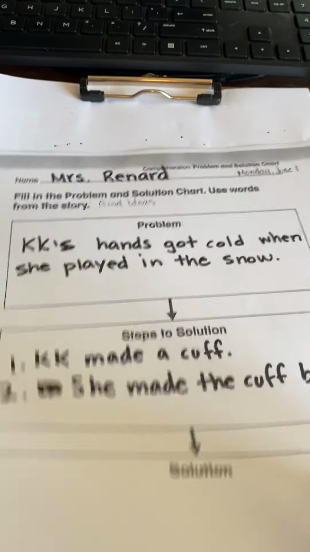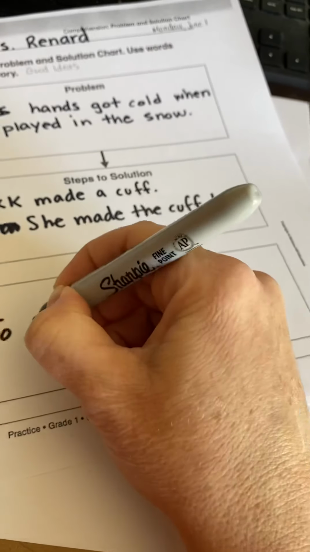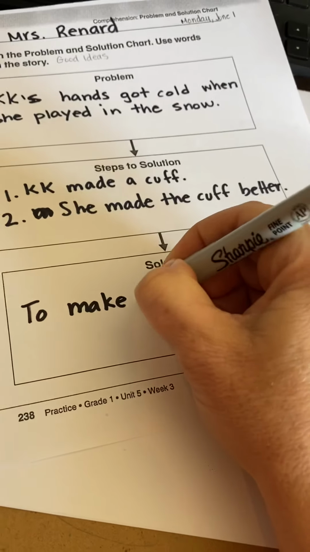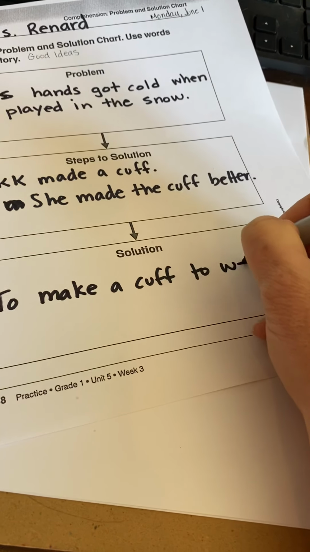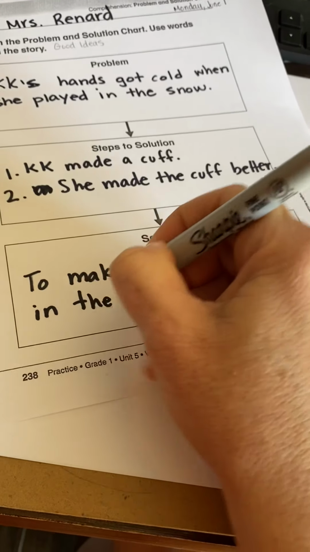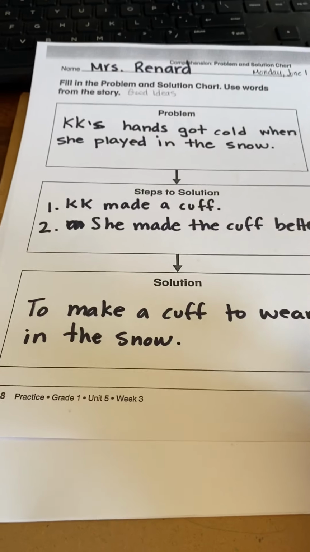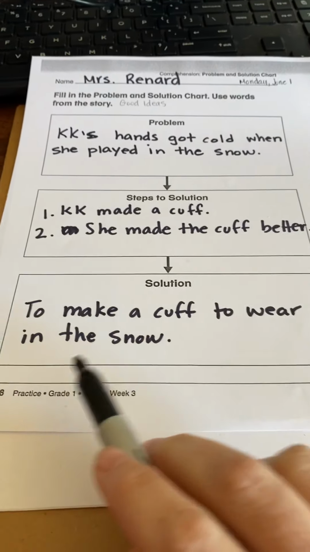But the solution was to make a cuff to wear in the snow.